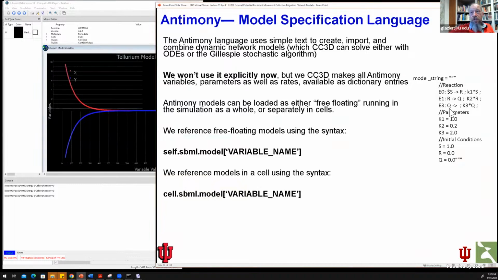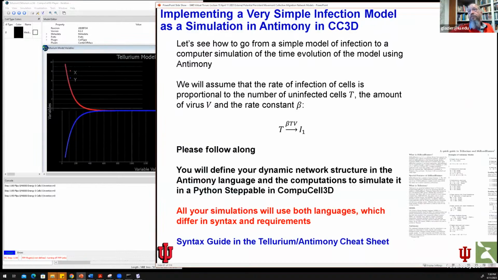If we have a variable X in antimony, then if it's a free-floating model, that variable would be referenced self.sbml.model X. If it was loaded into a specific cell, it would be cell.sbml.model X. And so communicating between the subcellular or supercellular network and the computational layer is just using a dictionary. I can read and write to dictionary entries.